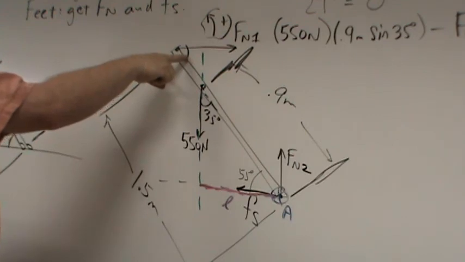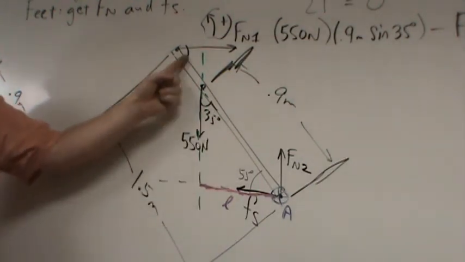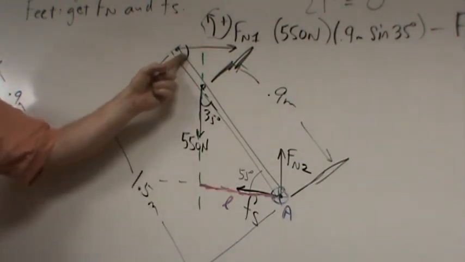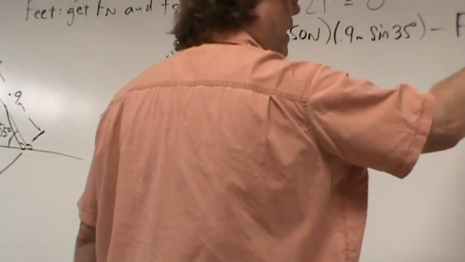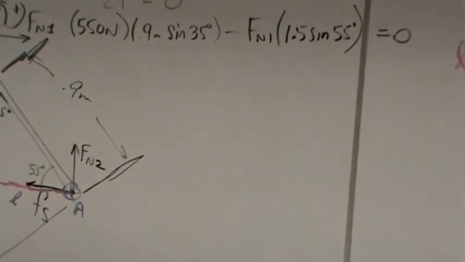What's this angle here going to be? How good are you guys at geometry? And what's that angle? If you're thinking 55, you win. So it'll be this guy times 1.5 times the sine of 55. I'm just doing this problem as if I was the type of person who loved using that formula. And so you can just use that formula.